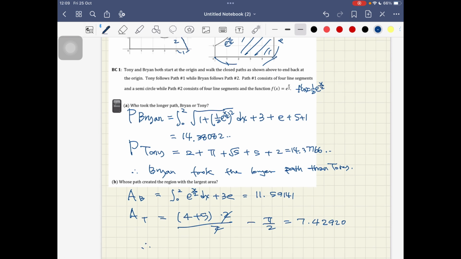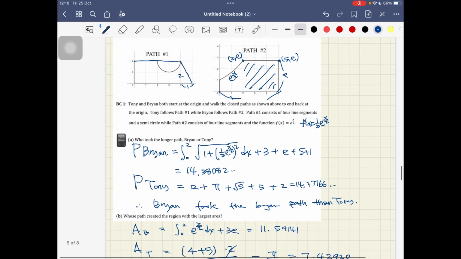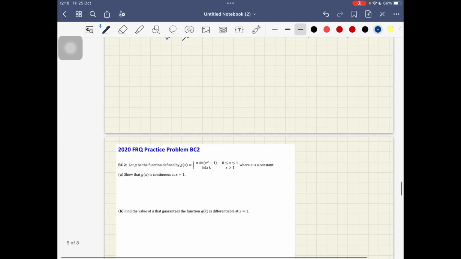So therefore Brian's path created the region with the larger area. So Brian walked more and also created a quite much larger area.